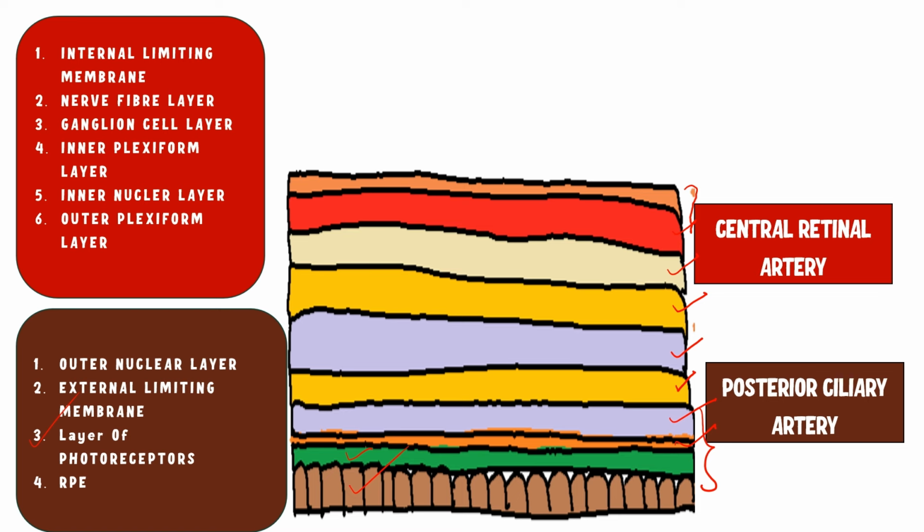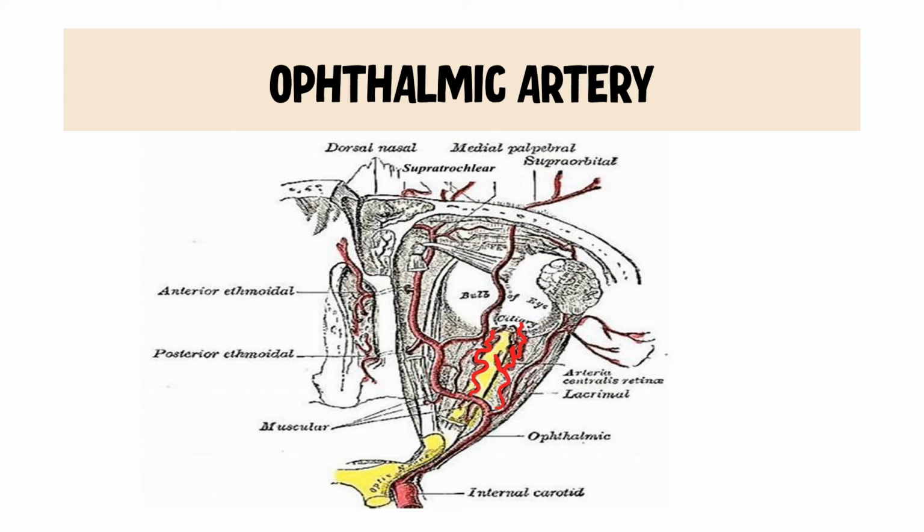That is called choroidal neovascular membranes. So when I say that the choroidal circulation is responsible for taking care of the outer 4 layers of retina, it is by means of diffusion of nutrients and metabolic waste products, and not per se by the infiltration of branches of the choroidal vessels into the outer 4 layers of the retina. So that is one very important point that you must remember.